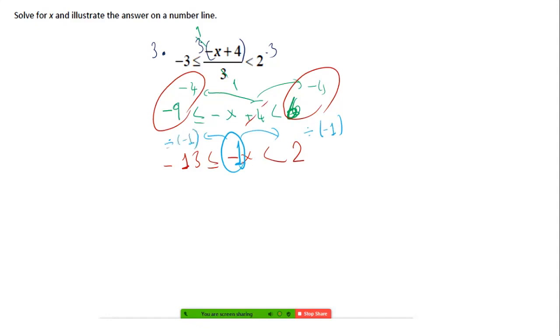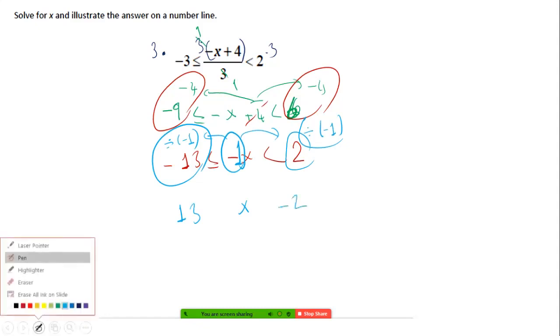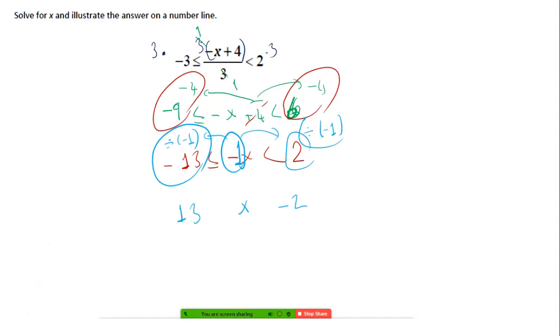From here, I will get 14, x is in the middle, and this one will be negative 2. And when you divide by a negative number, if the negative number is with x, then the direction of the signs will change. It will be like this.